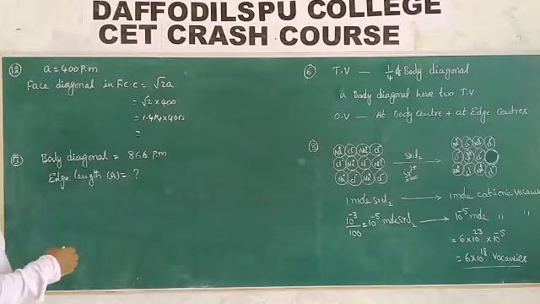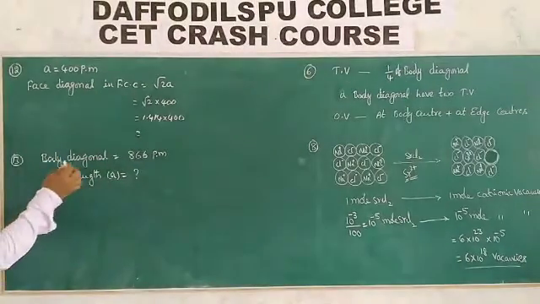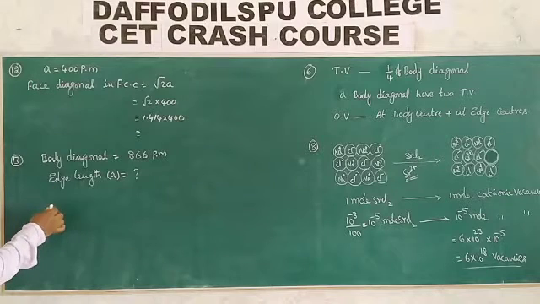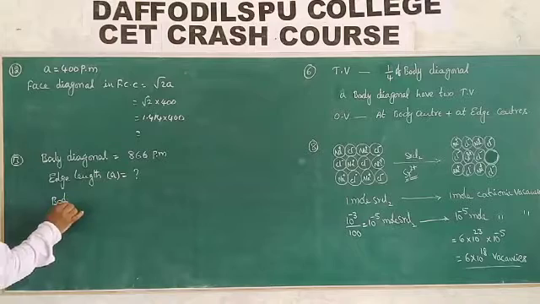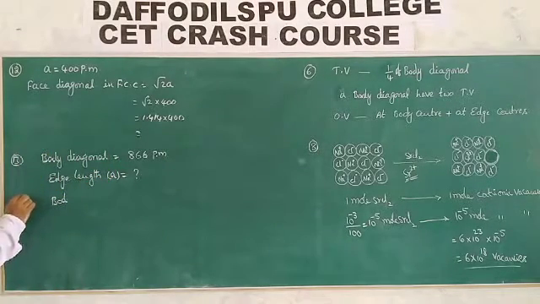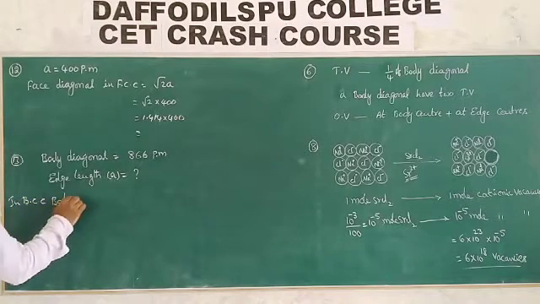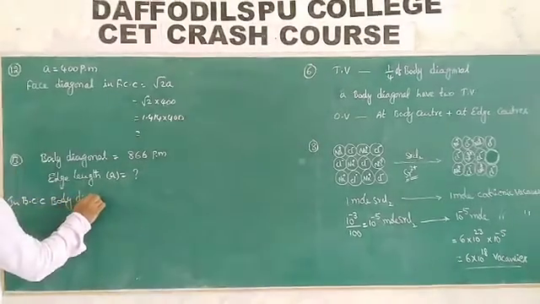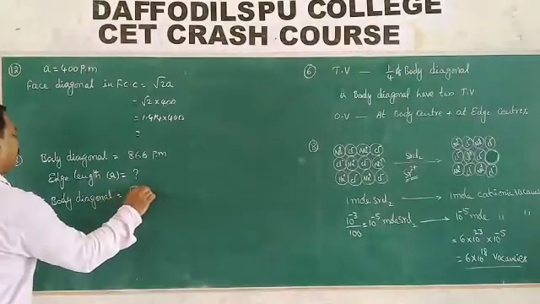So look at the first problem. The body diagonal length is root 3a in BCC. In BCC, body diagonal is root 3a.